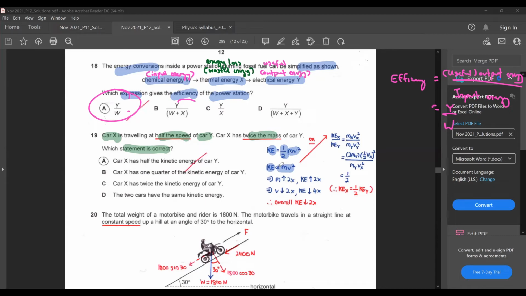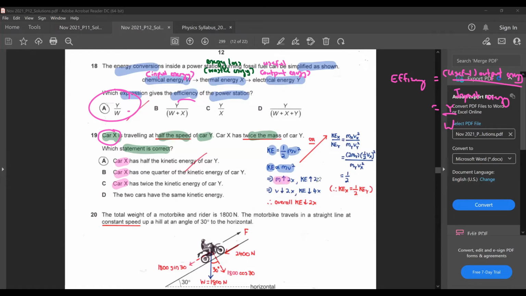If you look at the answers, they're actually talking about car X. The point of reference is car X. So I would base my comparison using car X. That's my reference point. So I know that car X has twice the mass.